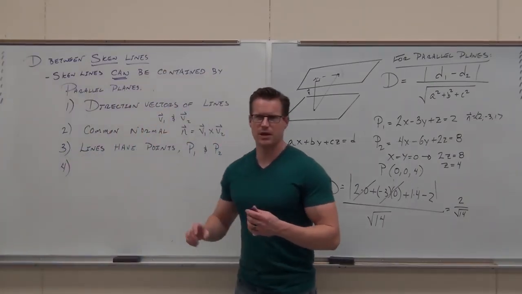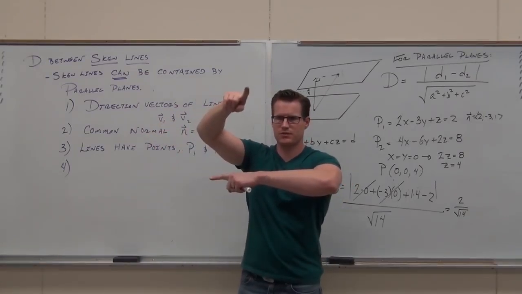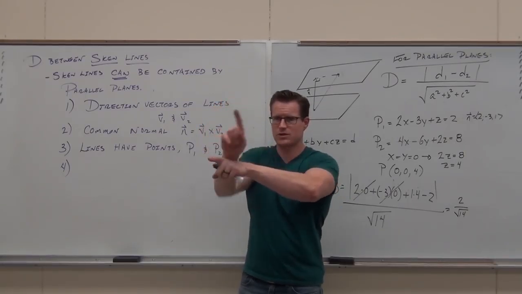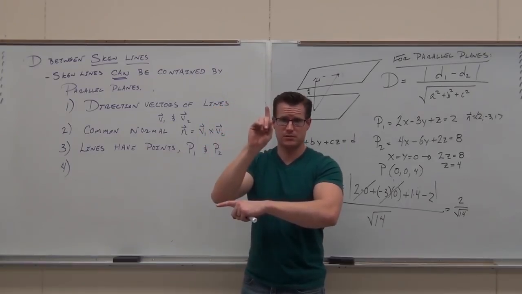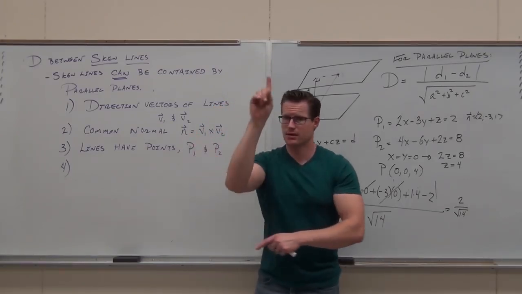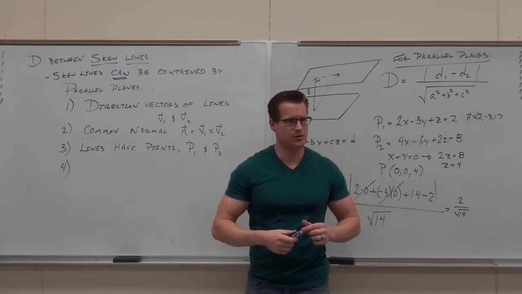I know it's a lot at one time. If you've got lines like this, they get direction vectors like this, consider them to be contained in parallel planes. Planes need a normal. Cross them to find your normal. Now you have a normal for both planes. Lines have points. Take the normal with each independent point, find the equation of the planes.